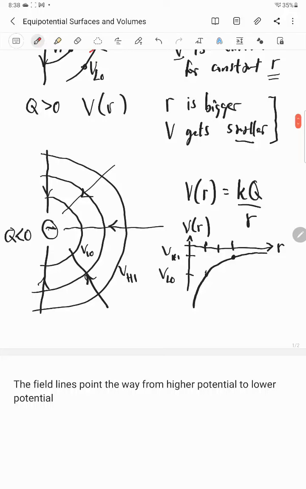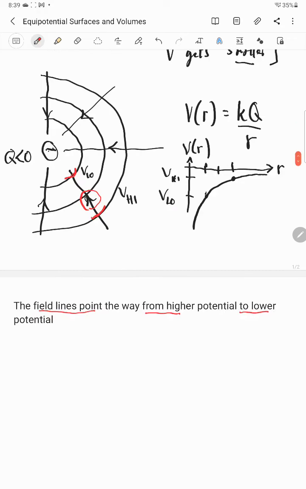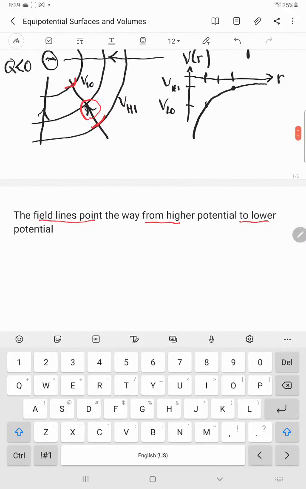So the field lines point the way from high to low potential, right? And in the second drawing, see the field lines are now pointing this direction, and they are taking me from the high potential surface to the low potential surface. But there's actually something else we can say as well that's related.